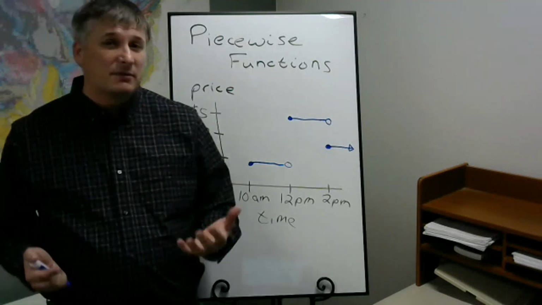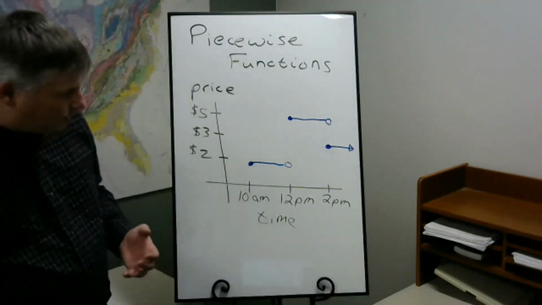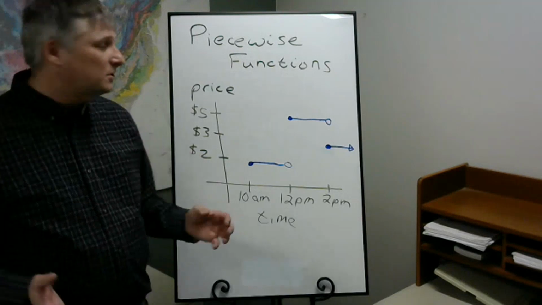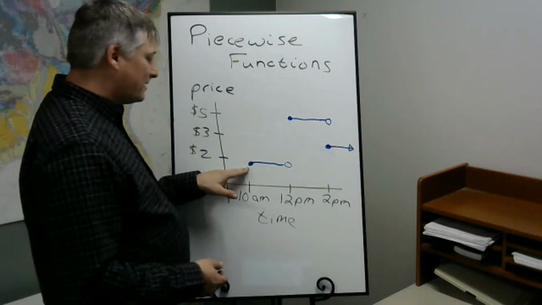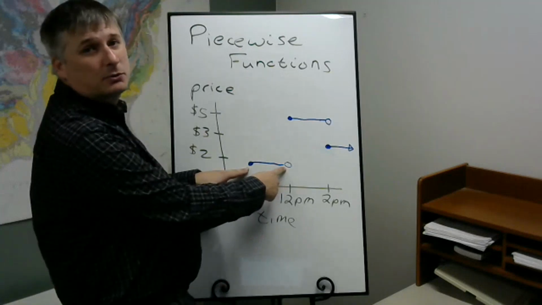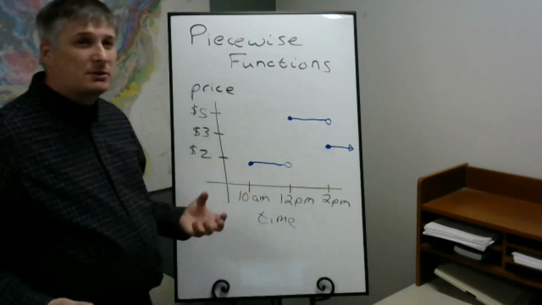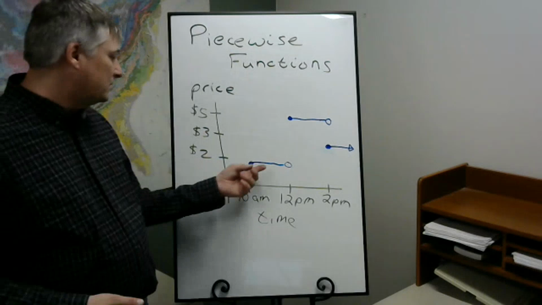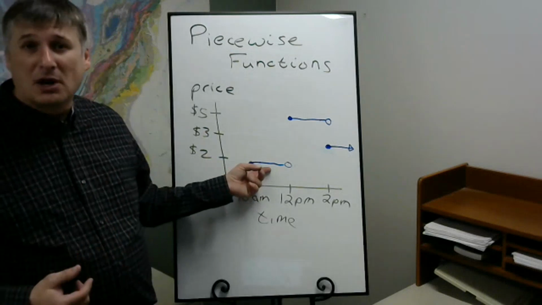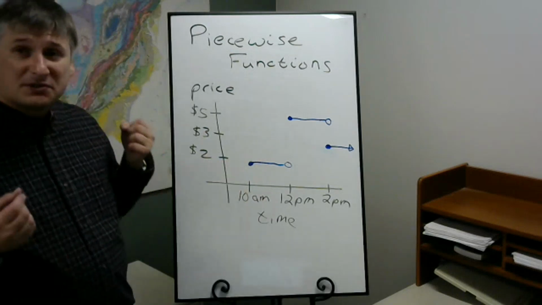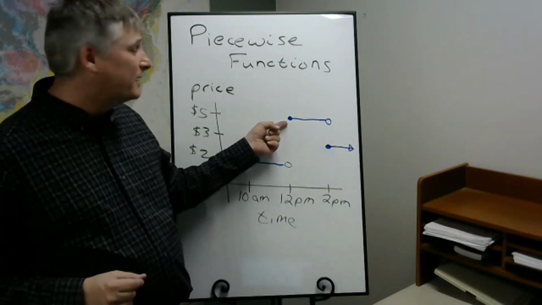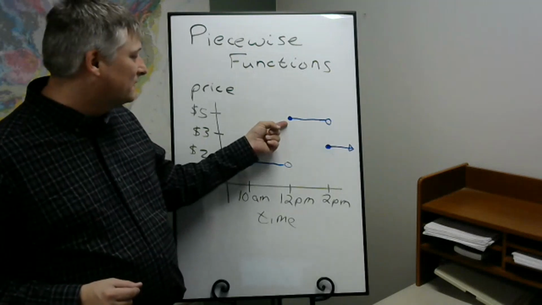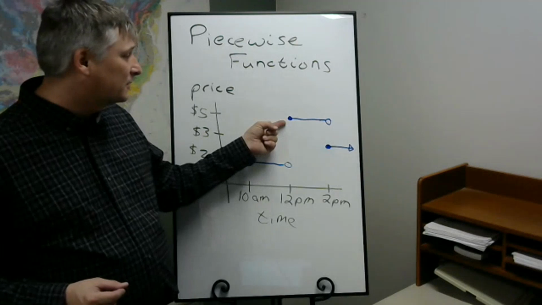So again, this is the idea of a piecewise function. We have different behaviors or different relationships between price and time. From 10 a.m. to any time before 12 p.m., the relationship between price and time is $2. That's how much this stock costs. Then suddenly, right at the nanosecond strike of 12 p.m., you get a jump in price to $5.